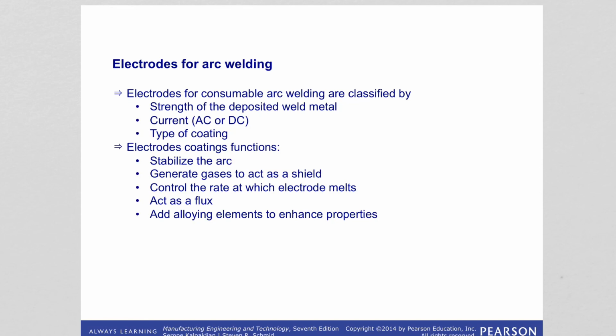Flux is to protect the weld against the formation of oxides, nitrides, and other inclusions, which results in the formation of slag, and slag protects the molten weld pool. It also can add alloying elements. As we talked, this can enhance the properties of the joint.